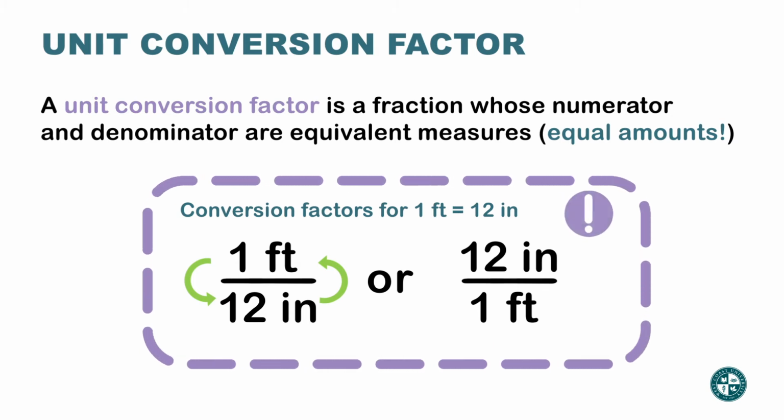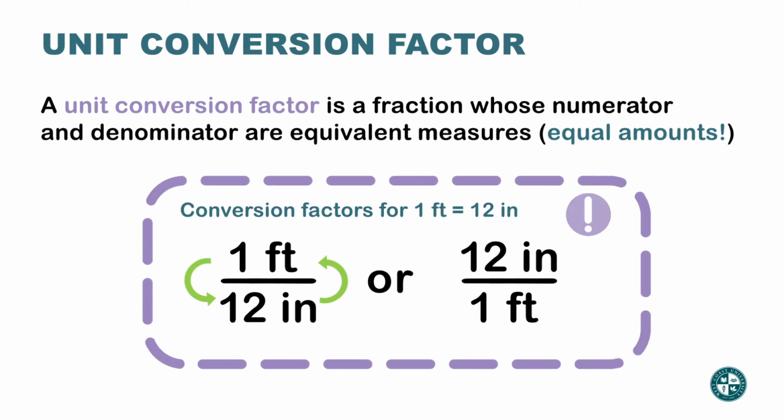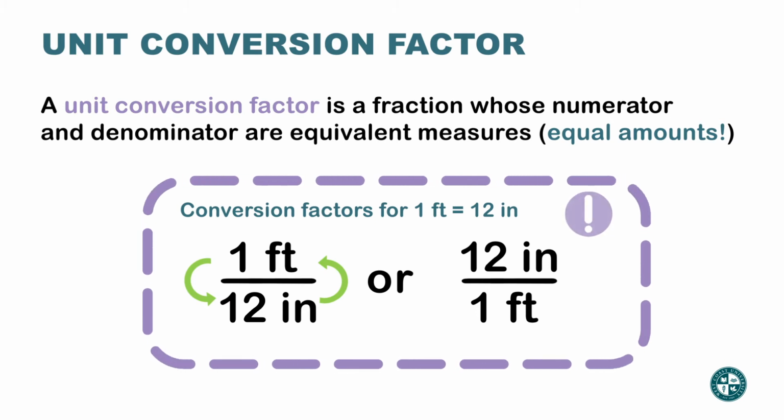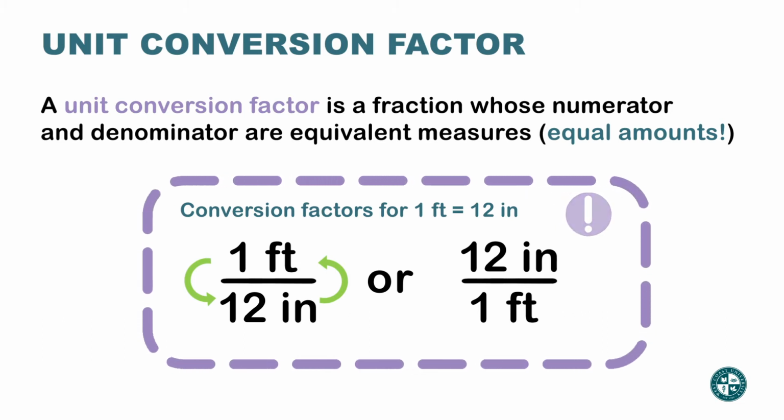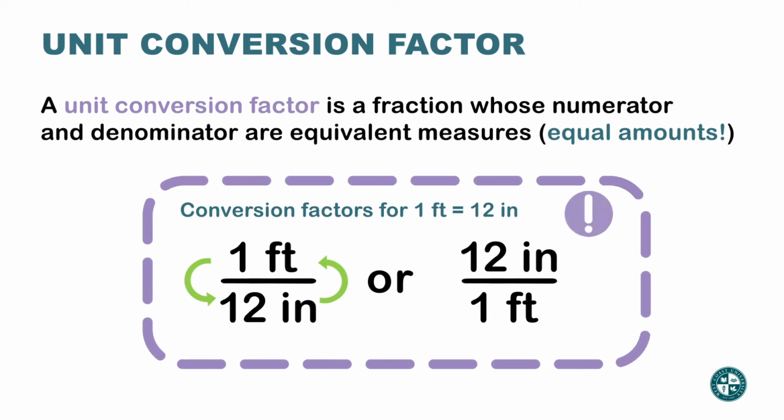Now why are these two fractions called unit conversion factors? These two fractions are really one. 1 foot and 12 inches are referring to the same amount. That's where the word unit comes from. Every time you have a conversion statement, you can get two fractions.